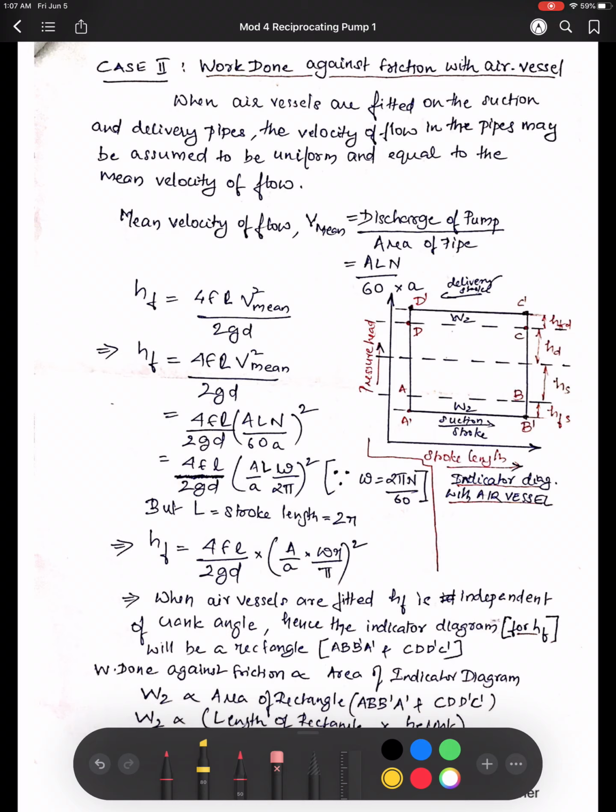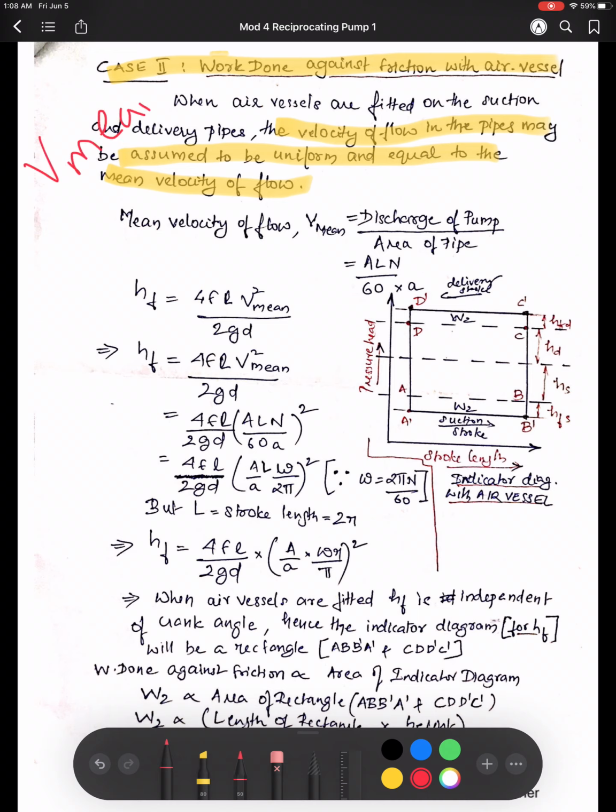Next is work done against friction with air vessel. Now when the air vessels are fitted on the suction and delivery pipes, the velocity of flow in the pipes may be assumed to be uniform and equal to the mean velocity of flow. That is what I told before, which is equal to V mean.